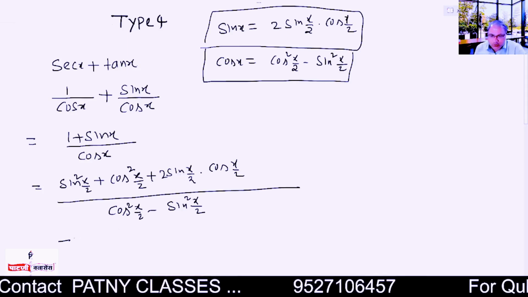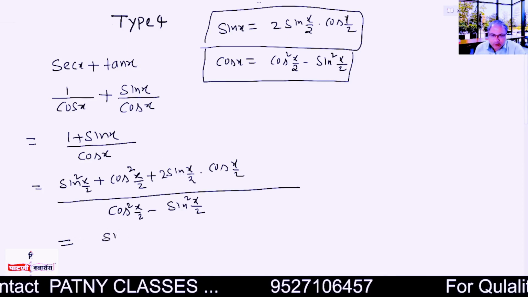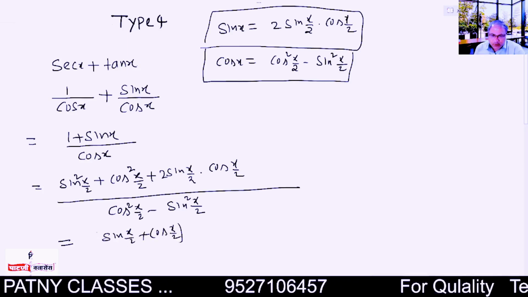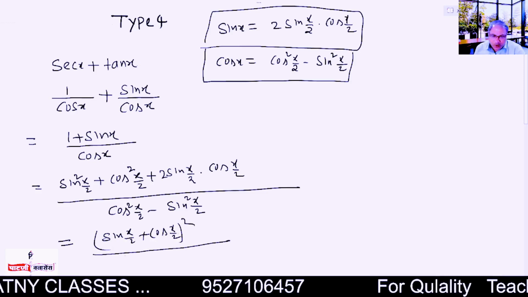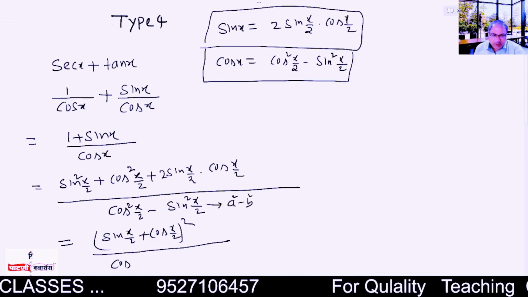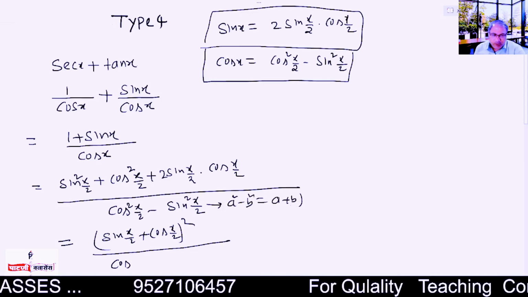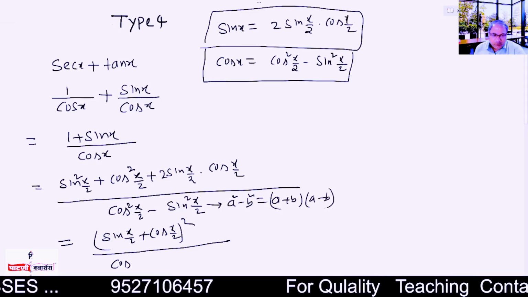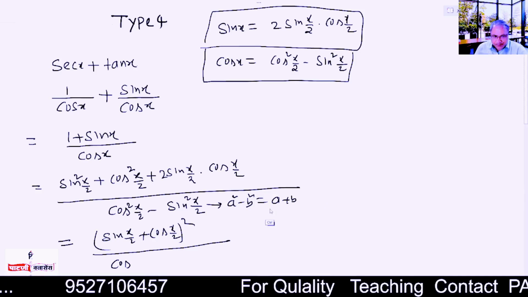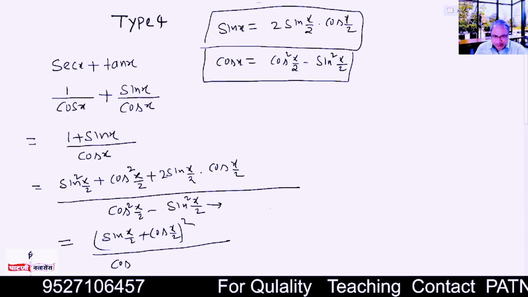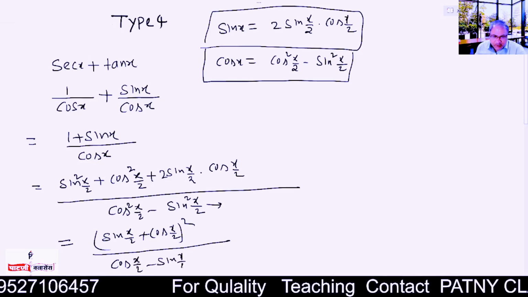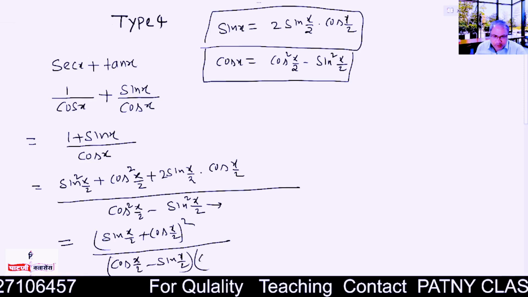So I am going to use the numerator as sin x by 2 plus cos x by 2 whole square upon a square minus b square. Here a square minus b square equals a plus b into a minus b. So that formula can be utilized to simplify the denominator. So I get here cos x by 2 minus sin x by 2 into cos x by 2 plus sin x by 2.